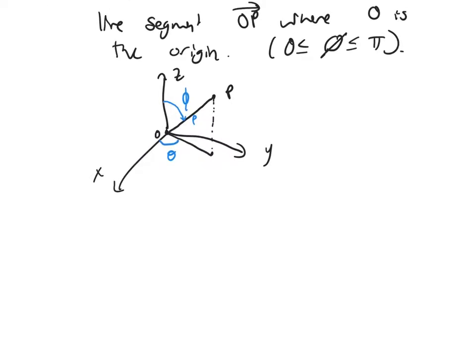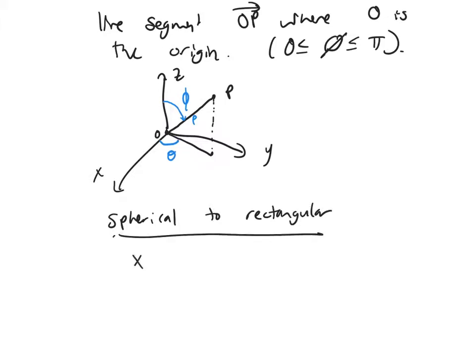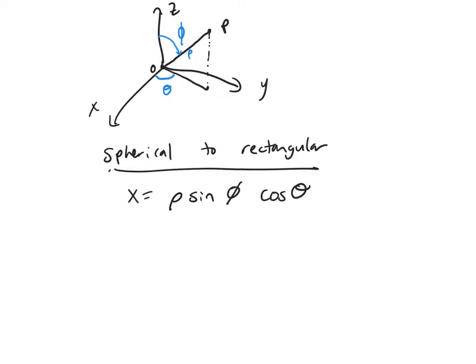All right, so then again, what I want to know is how to convert. Now I have three different systems: spherical, cylindrical, and rectangular. So let's talk about how to convert between all of these. If I'm looking at spherical to rectangular, my conversions look like x equals rho sine phi cosine theta.